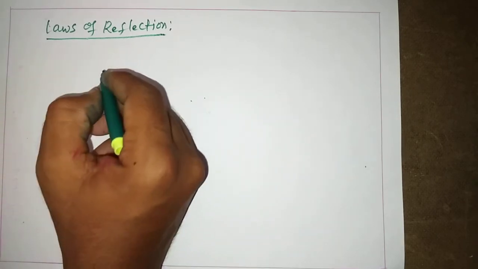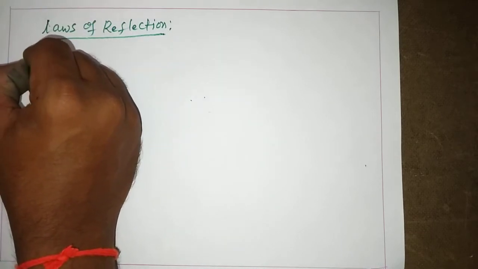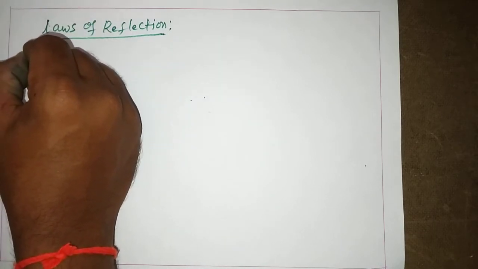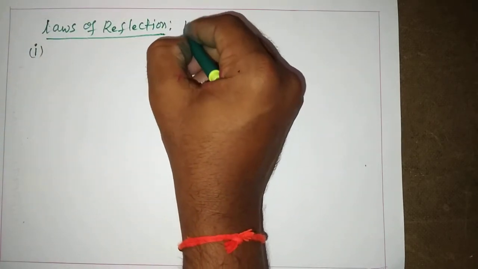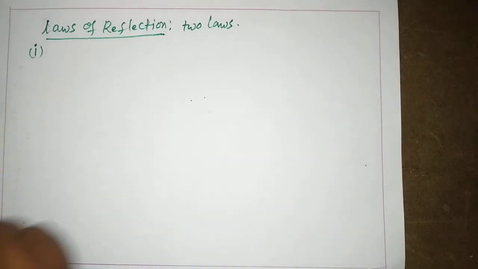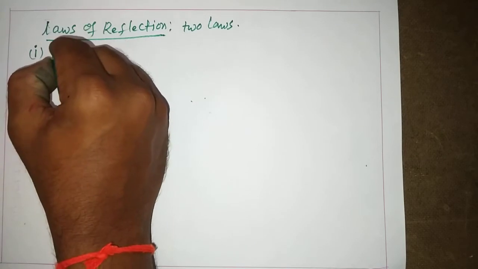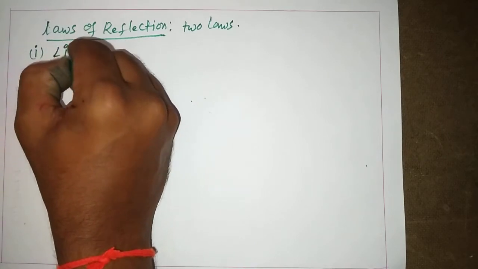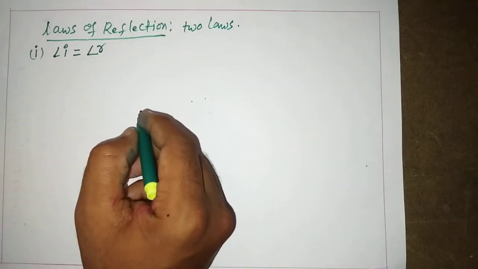Generally, there are 2 laws of reflection. We need to understand 2 laws. So the first law is nothing but the angle of incidence is always equal to angle of reflection.